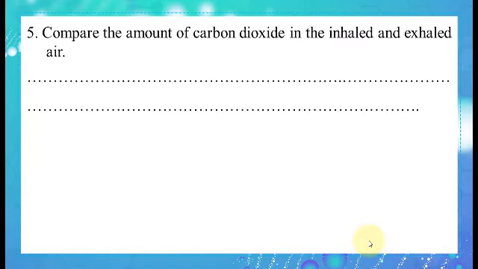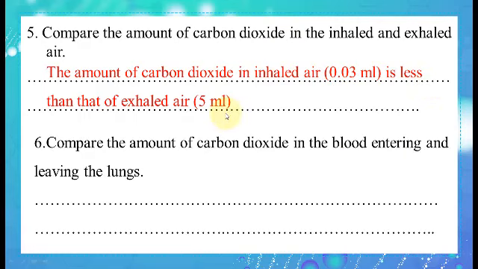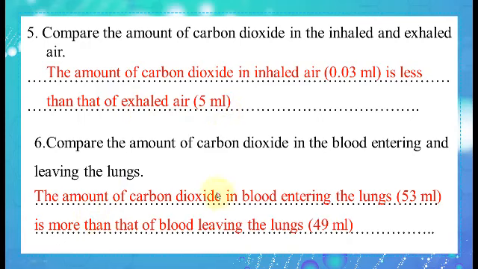The answer of number 5 is that the amount of carbon dioxide in the inhaled air, which is 0.03 milliliters, is less than that of exhaled air, which is 5 milliliters. Number 6, the amount of carbon dioxide in blood entering the lungs, which is 53 milliliters, is more than that of the blood leaving the lungs, which is 49 milliliters.